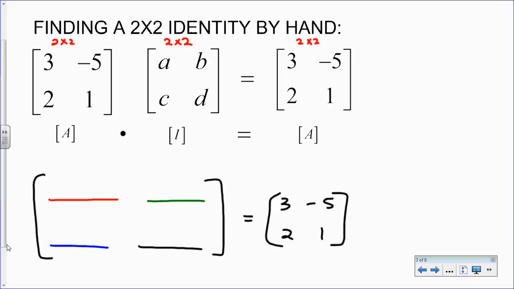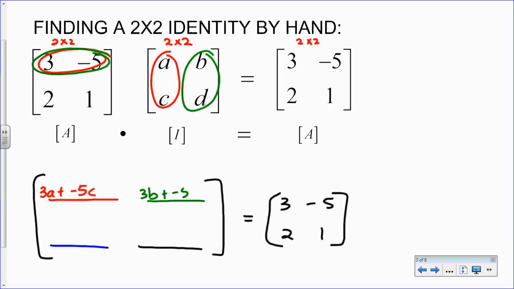Okay, so let's go through the multiplication. For the first row and first column, I'm going to do 3 times A plus negative 5 times C. Then the first row, second column: that's 3B plus negative 5 times D. Then I'll move to the second row, first column.